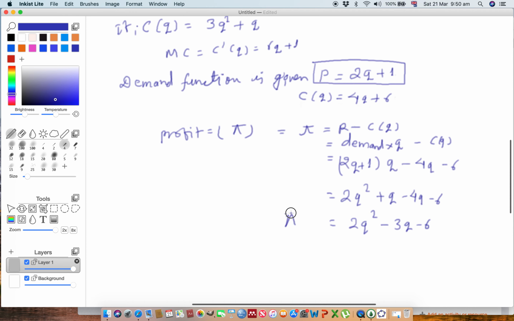This is our profit function. Now if we need to calculate the marginal profit, then we have to find the profit prime. Profit prime is equal to 4q minus 3. In this way we calculate the marginal function.